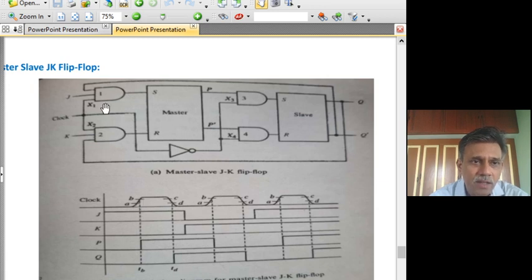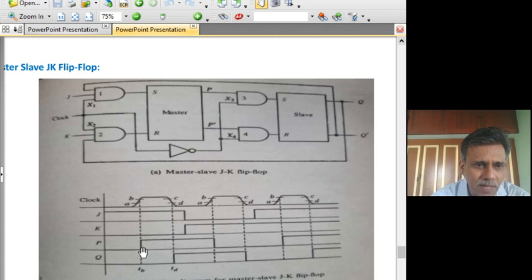These two gates enable the other inputs, that is J, K, Q, Q bar and so on. So we isolate the slave and then at this point the master is enabled and it will start following the JK inputs and work as per the JK. So in this case J is equal to 1, K is equal to 0.